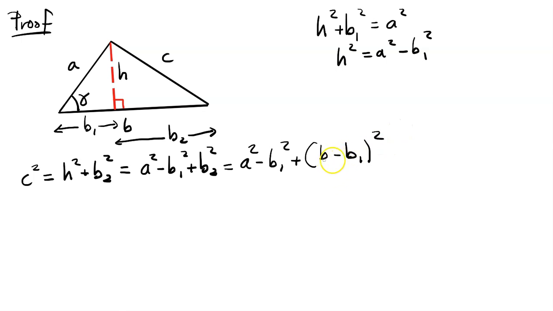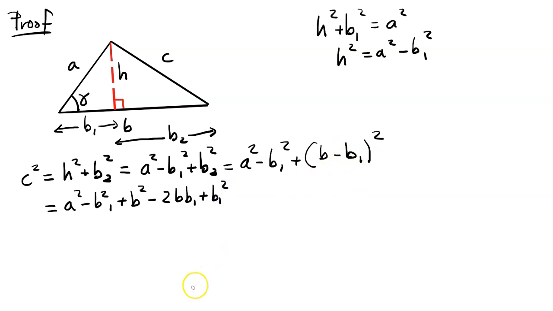If we then take the square of a difference, if you don't remember the rule for that, you can look it up. So take the square of a difference here on this parenthesis. What do we get then? Keeping the first two intact, this will be b squared minus the double product plus b1 squared.